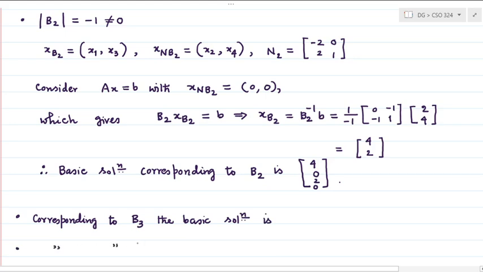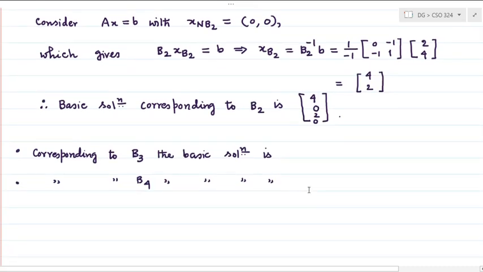Corresponding to B4, the basic solution is. Corresponding to B5, the basic solution is. Corresponding to B6, the basic solution is.